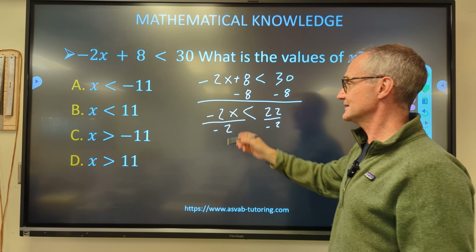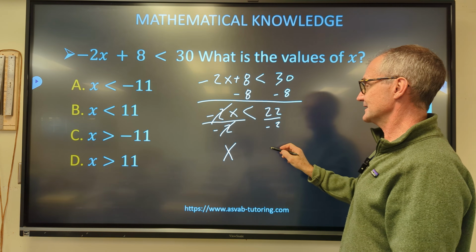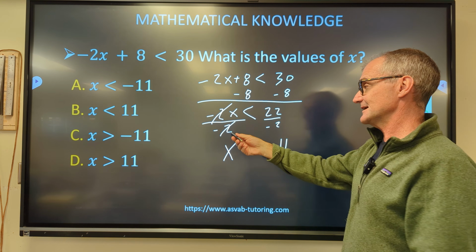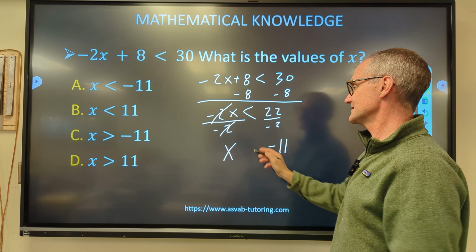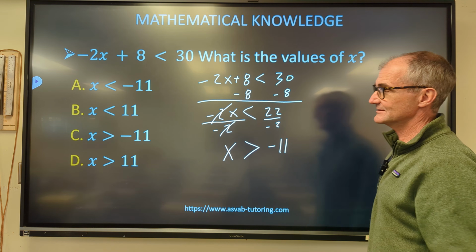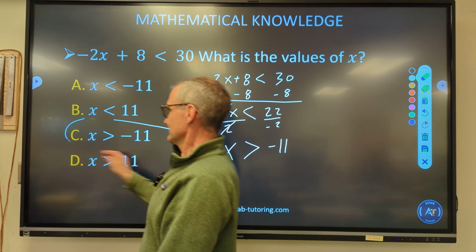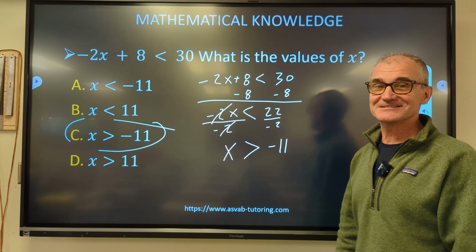Ding, ding, ding, right? Those cancel. That gives me x by itself. 22 divided by negative 2, negative 11. That ding, ding, ding was saying divide by a negative, reverse that sign. So that now becomes greater than. X is greater than negative 11. Correct answer, answer C.